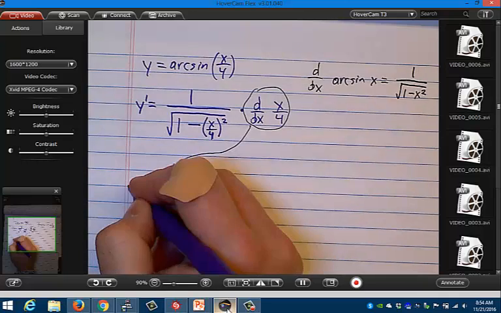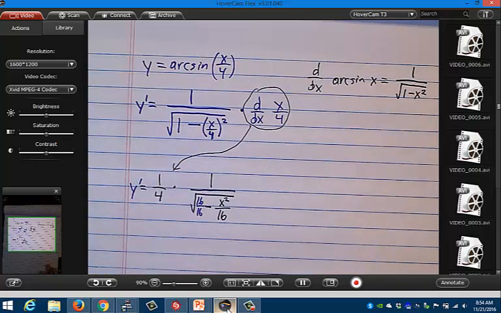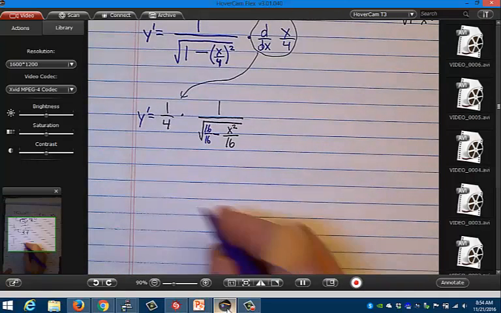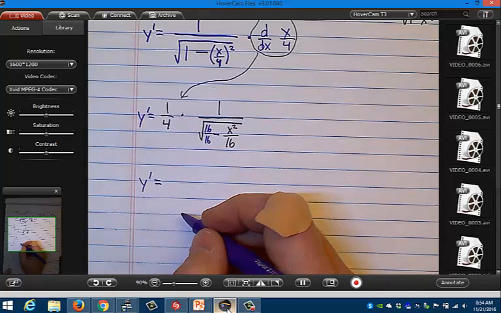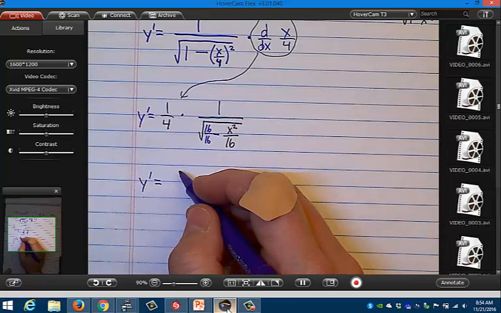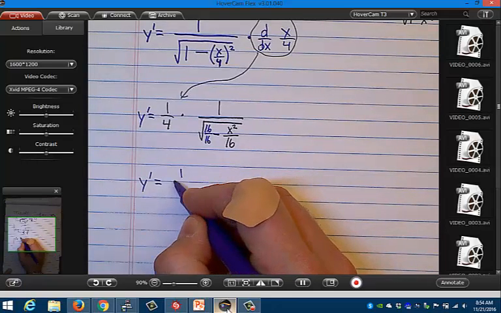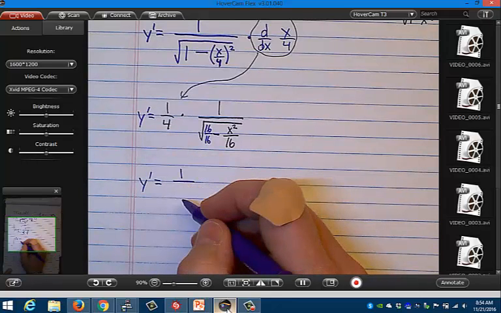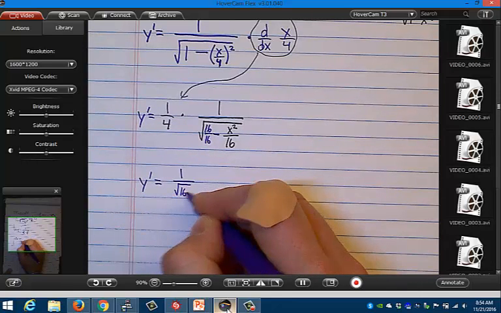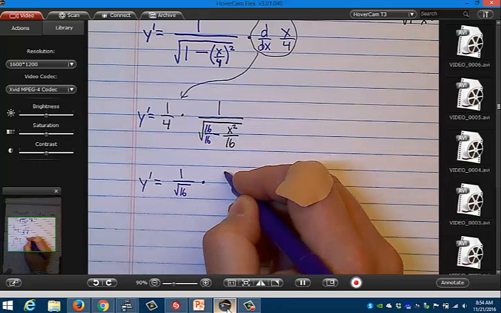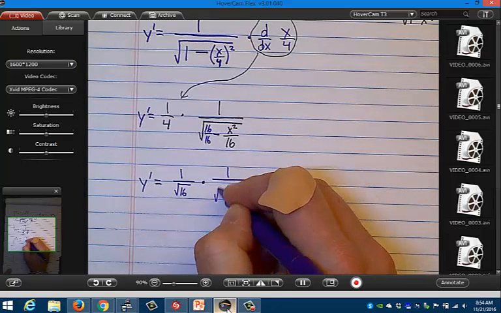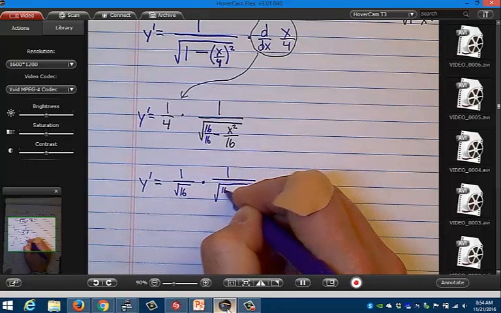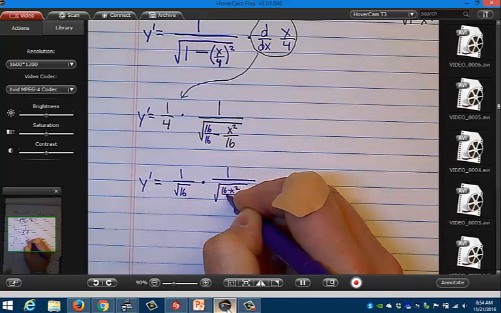And that's really kind of cool. So y prime so far is this, but watch what happens. I get y prime is equal to, and I'm going to point out that instead of 4, I could write that as the square root of 16, which is kind of interesting because now, if you do subtract these fractions, underneath you have 16 minus x squared over 16.